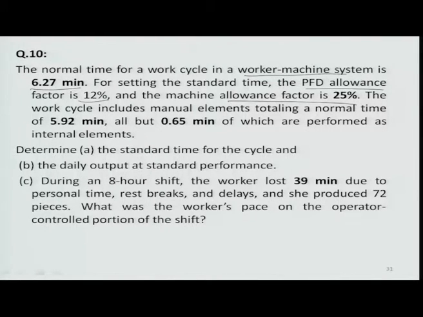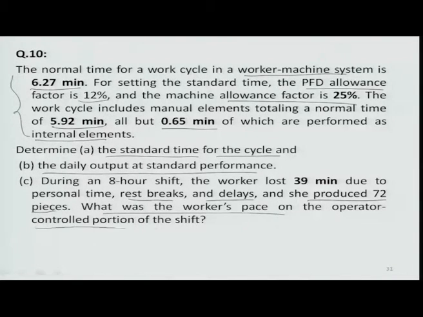The work cycle includes manual elements totaling a normal time of 5.92 minutes, all but 0.65 minutes of which are performed as internal elements. On the basis of these statements, we have to determine the standard time for the cycle, then the daily output at standard performance, and then, in part C, during an 8 hour shift the worker lost 39 minutes due to personal time, rest breaks and delay, and produced 72 pieces. What was the worker's pace on the operator control portion of the shift?